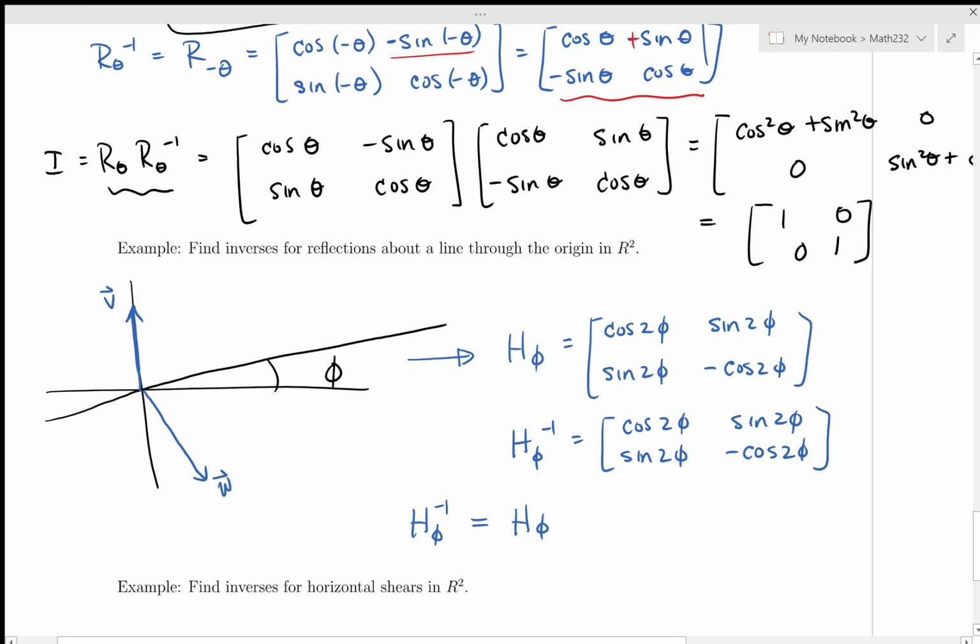Now I'm thinking about computing it by saying, because this is an orthogonal matrix, the inverse is the transpose. Let me write out what the transpose is. I'm going to take this row and make it this column, and then take this row and make it this column.